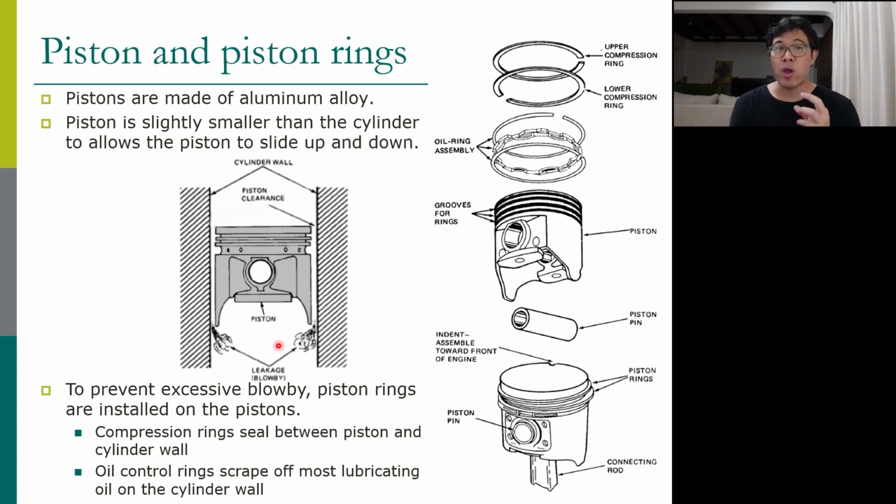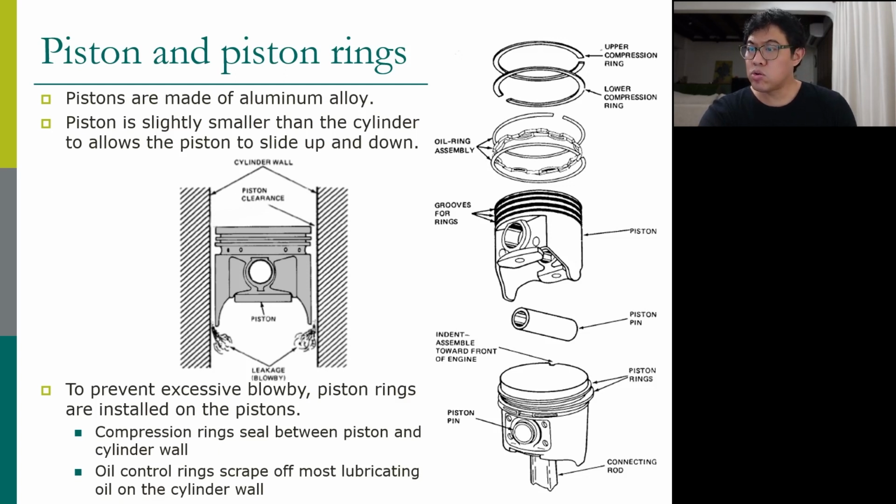Therefore, we want it to have small weight, very little weight, such that it has less inertia and so that it moves fast. That's why the piston is normally made of aluminum alloy, not steel. Steel is heavy. Normally, we use a process called casting of melted aluminum to create pistons.